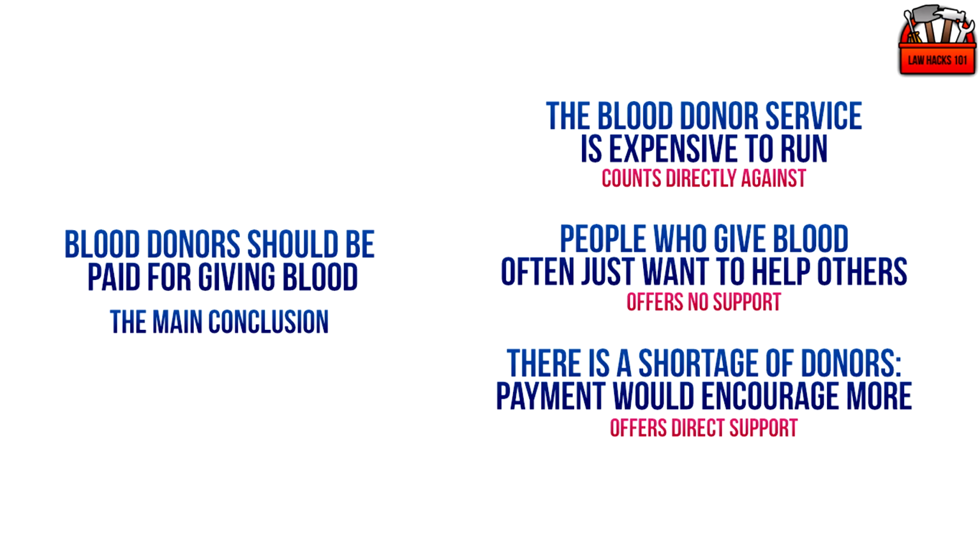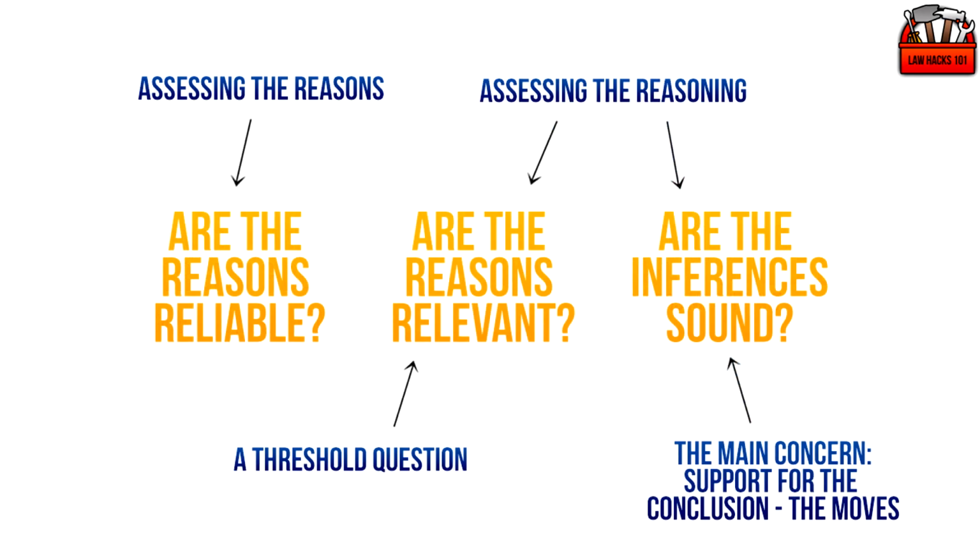So let's move on. So we've introduced assessing the reasons, and we've looked at the threshold question of relevance. Now we're moving on to look at how to evaluate the inferences or the moves of the argument. This is about whether the argument works as a matter of logic. Our first little hack for this is a test called the initial test for inferences. For a conclusion to be sound, the inferences have to be valid.